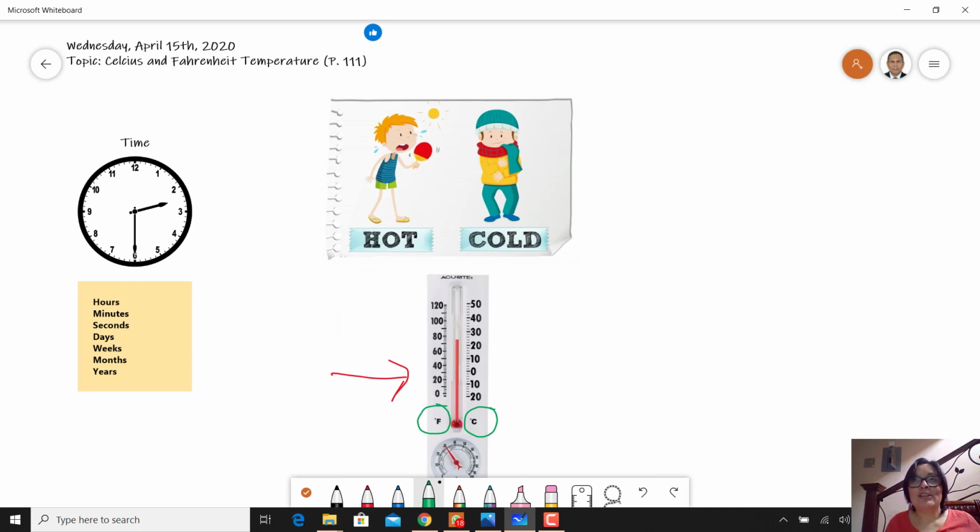For example, when your mom wants to bake a cake or a pizza or a lasagna or a bread, she uses the oven, and the oven has a little thermometer, and she regulates the temperature of the oven for the pizza or the bread or the cake to be cooked. Okay, so that is what we are going to learn today: measuring temperature with Celsius and Fahrenheit degrees.